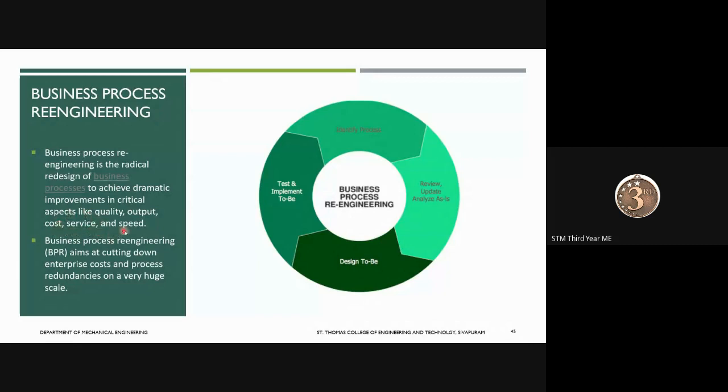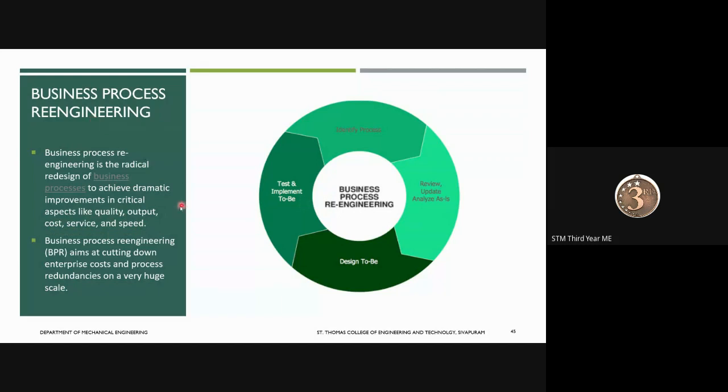And then comes speed. Speed in the sense of productivity. In order to have high productivity, obviously the speed of the business must be at a faster rate, or the production rate must be faster without any delays. So that is the basic aim of business process re-engineering.